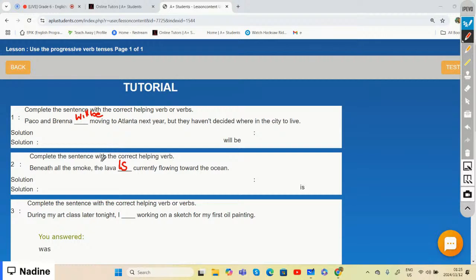Then lastly, we say during my art class later tonight.